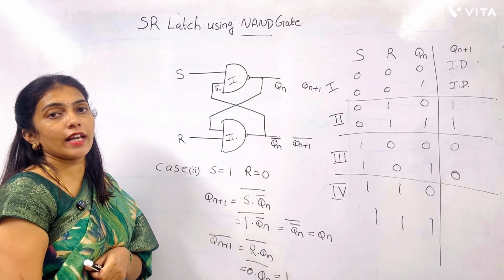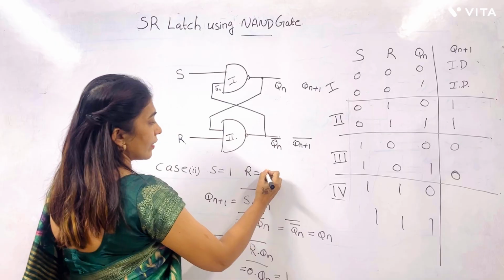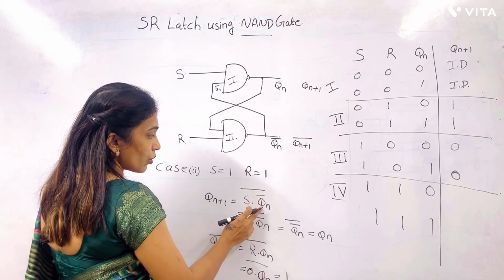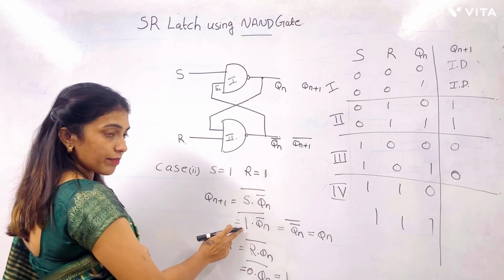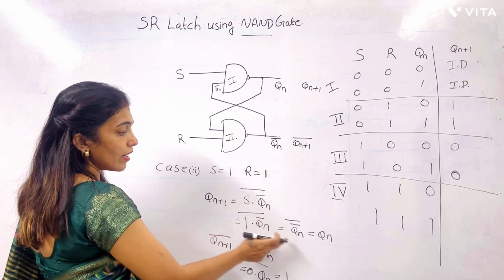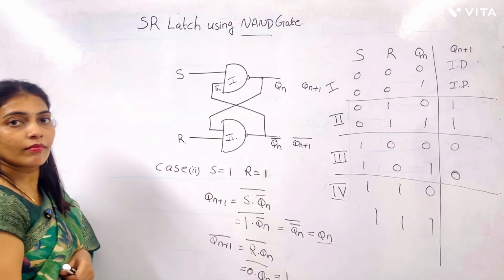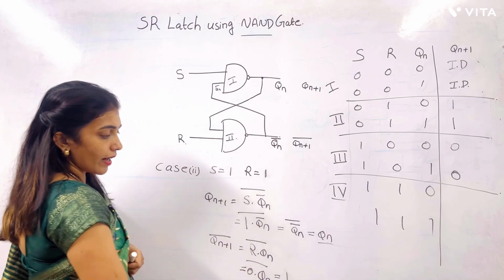Then go for the fourth case. Fourth case, S equals 1, R equals 1. Same thing. S into Qn bar whole bar. So here S value is 1. 1 into Qn bar whole bar, Qn double bar, same thing, we got Qn. Next, second gate output, R into Qn whole bar.